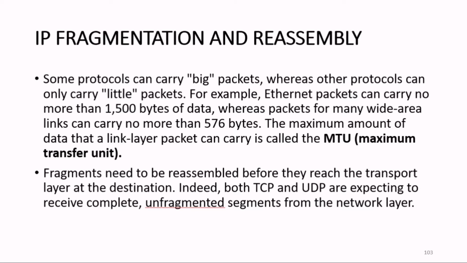The maximum amount of data that a link layer packet can carry is called the MTU, maximum transfer unit. Fragments need to be reassembled before they reach the transport layer at the destination. Indeed, both TCP and UDP expect to receive complete unfragmented segments from the network layer.